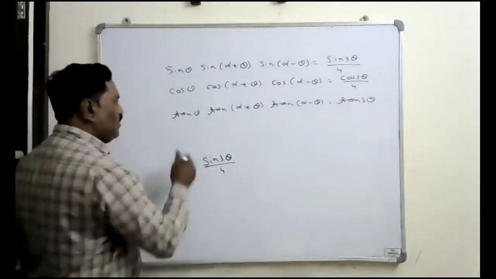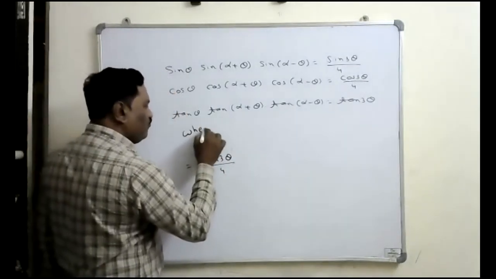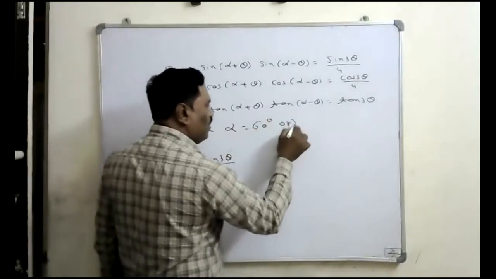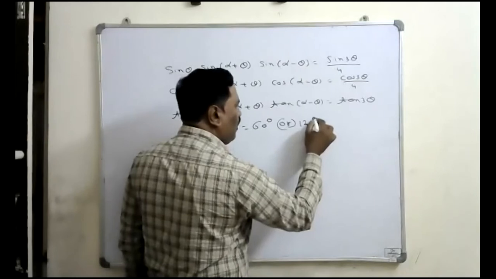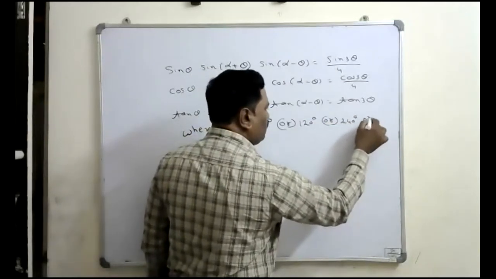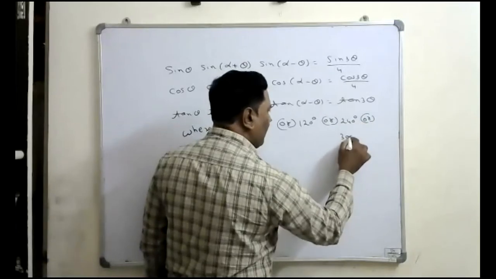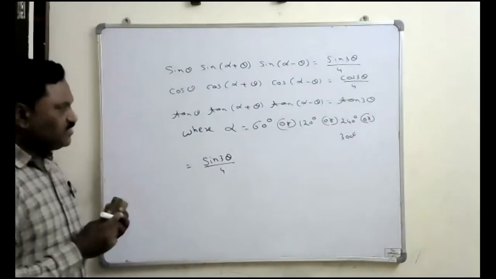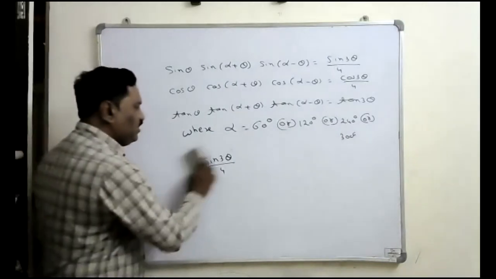This result is true for alpha equal to 60 degree, 120 degree, 240 degree or 300 degrees. So that result we have to remember. Take that result.